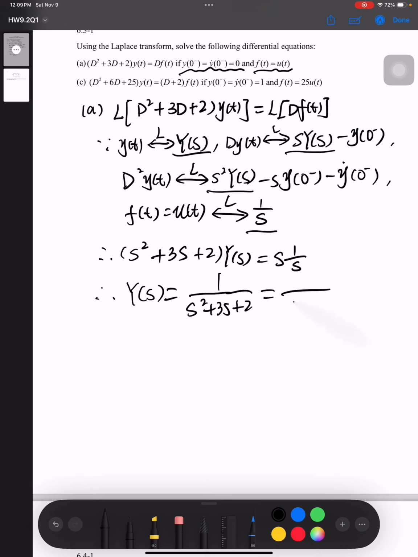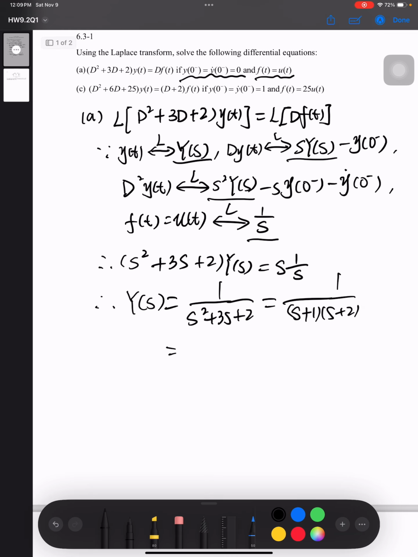Then we just calculate Y(s) and find its inverse transform, right? So we convert it into partial fraction form, k1 over s plus 1 plus k2 over s plus 2.